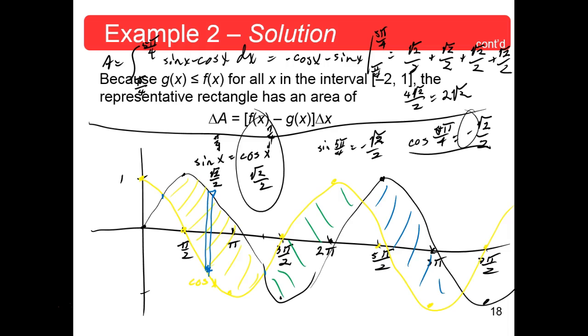That's your height of the rectangle times your dx. And then when you integrate the sine, you get a minus cosine. Integrate a minus cosine, you get a minus sine. That was the step to see what goes in the radicand, and then the next step is what you take, the antiderivative.